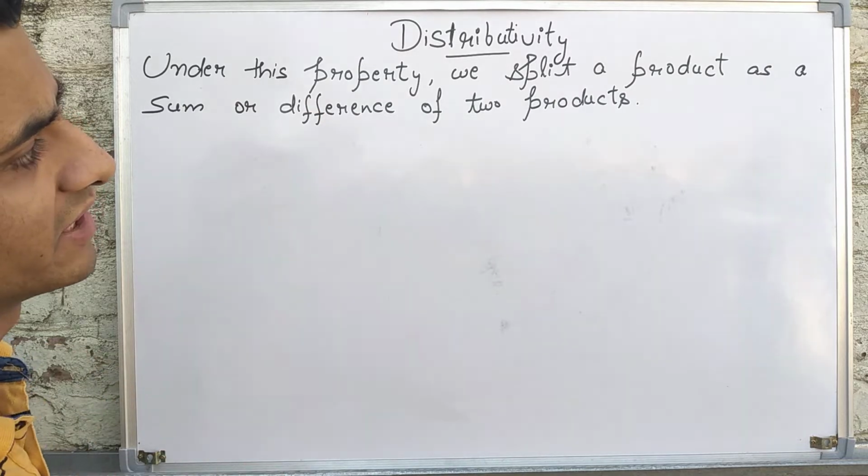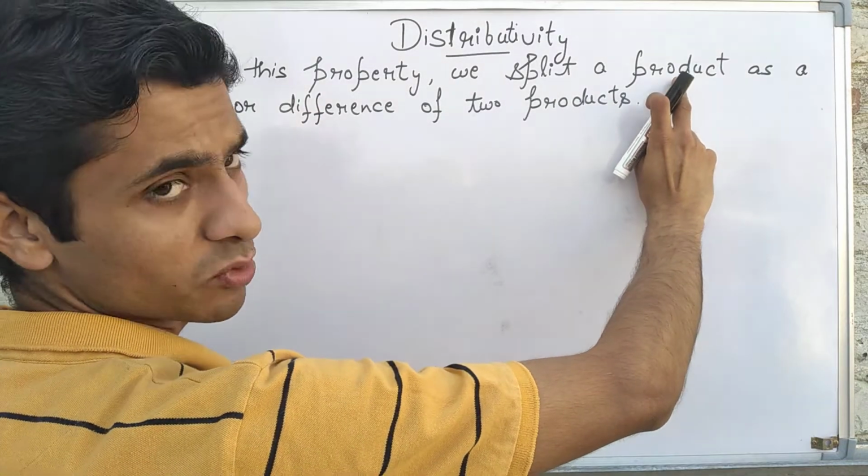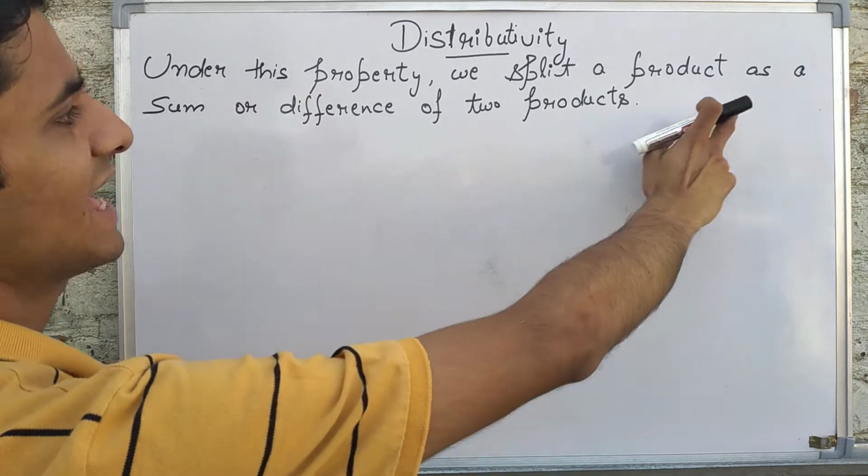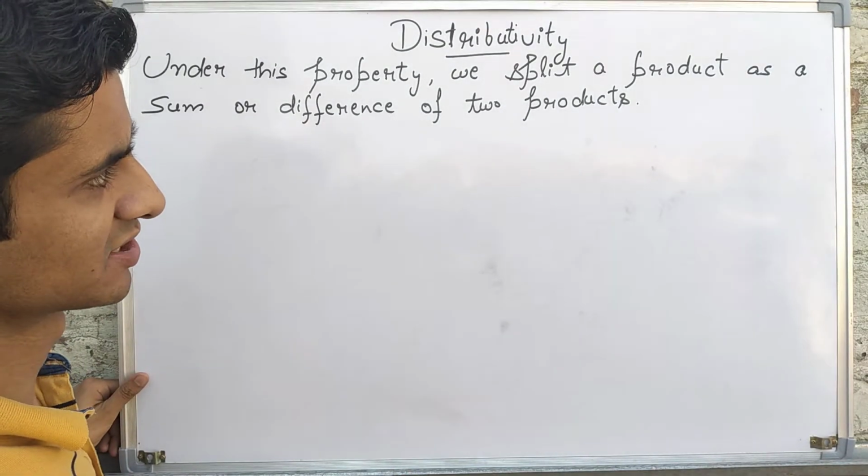Under distributive property, we split a product, we distribute a product as a sum or difference of two products.